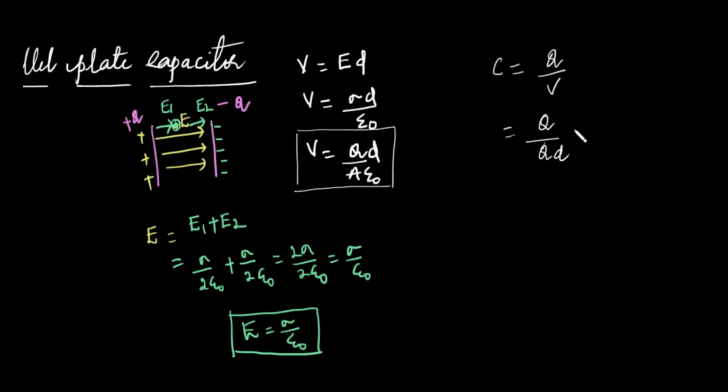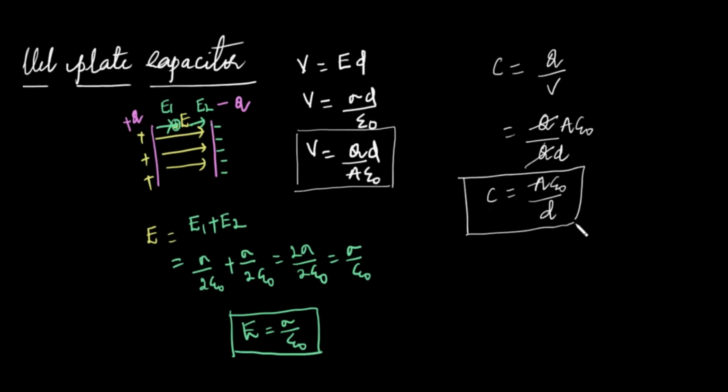So Q and Q get cancelled, and C is equal to A epsilon naught by D. So the capacitance of a parallel plate capacitor is equal to A epsilon naught by D, where A is the area of the plates, epsilon naught is the permittivity of free space, and D is the distance between the plates.